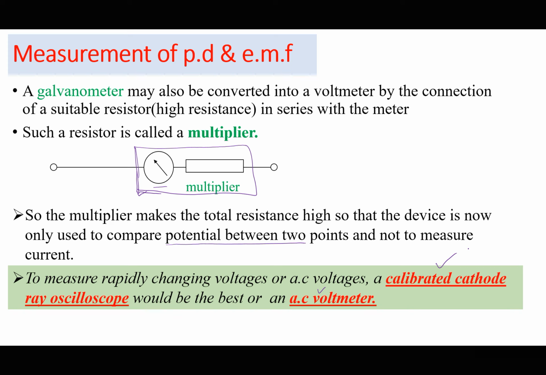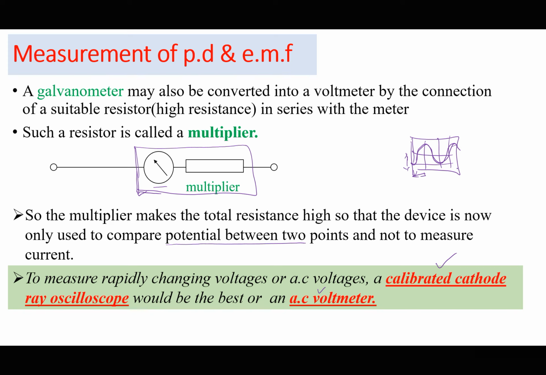It should be calibrated. We shall understand what we mean by calibration under waves. A calibrated cathode ray oscilloscope, because an oscilloscope has a scale. So we should know what each of these represents, either on the vertical or on the horizontal, so that if a wave is generated on the CRO, we can know how to find the frequency, the period, the voltage, and so on and so forth.